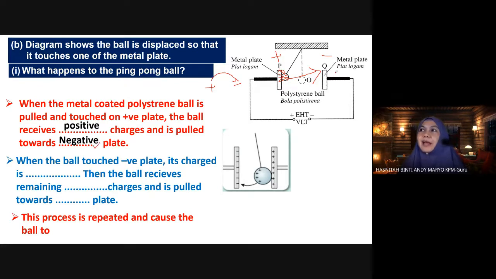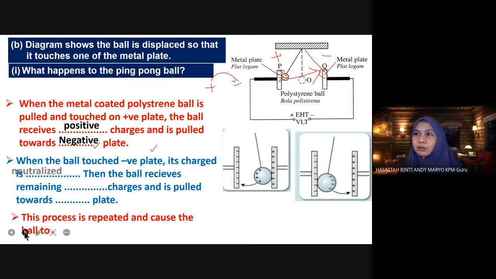So what happens when the ball is at this position, students? It is explained by this blue wording. When the ball touches the negative plate, plate Q, its charge is neutralized. Then the ball receives the remaining negative charges and will be pulled towards the positive plate.